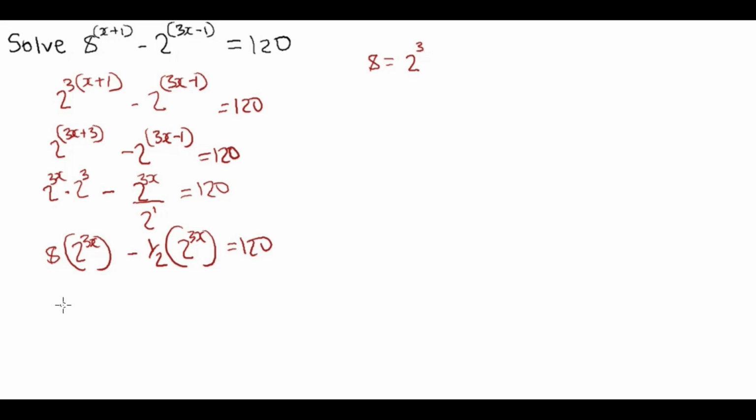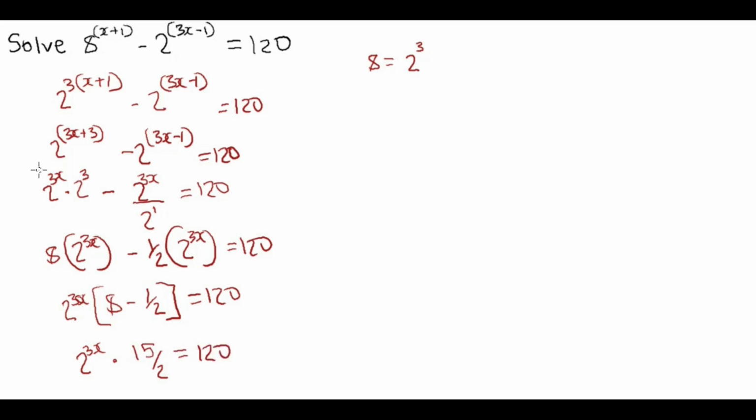You can say 2 to the power of 3x, we are left with 8 minus a half, equals 120. So 2 to the power of 3x times 15 over 2 equals 120.